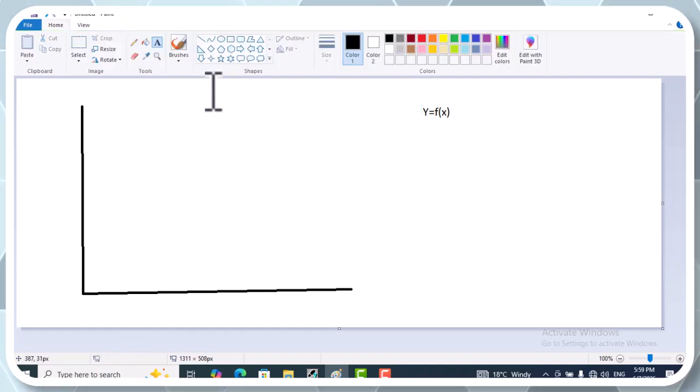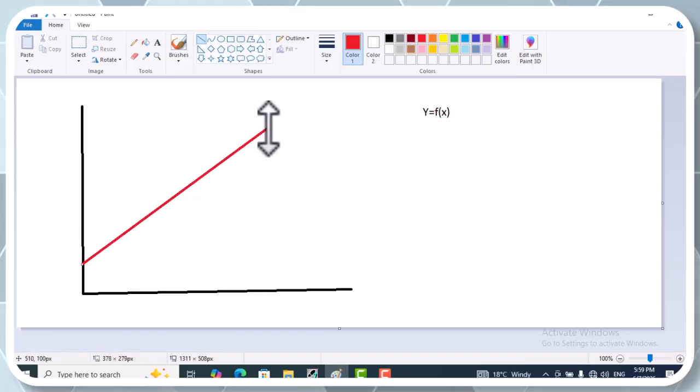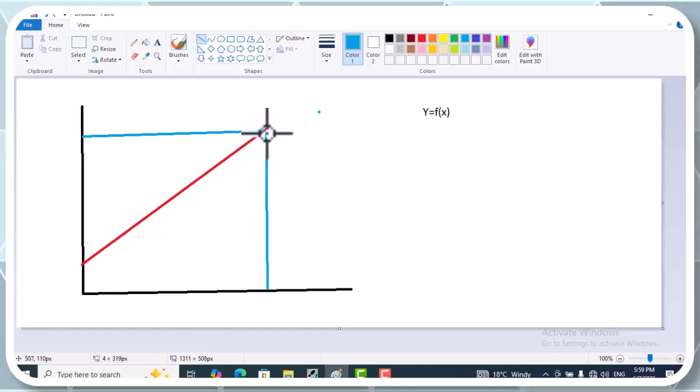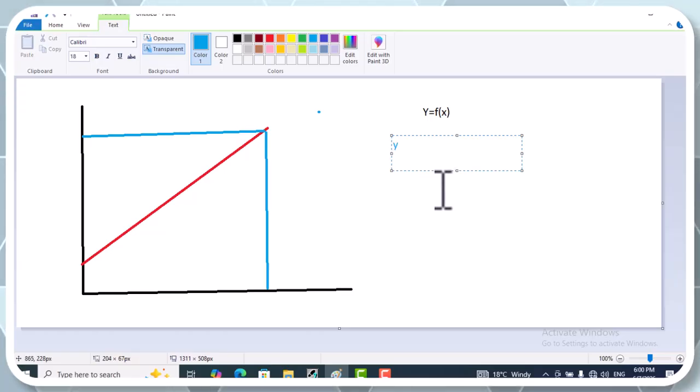So imagine that we use some function with an offset like this, and let's make it like this. And which formula will we use in this case? We use the formula y equals kx plus b.